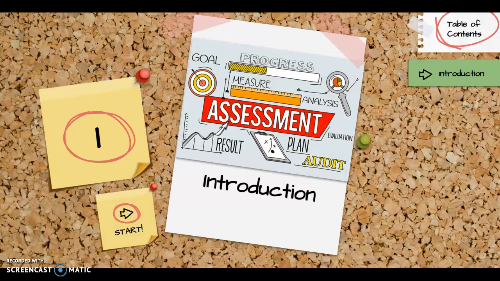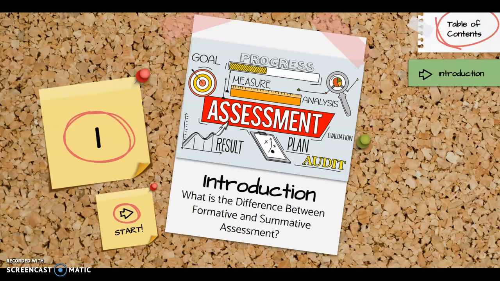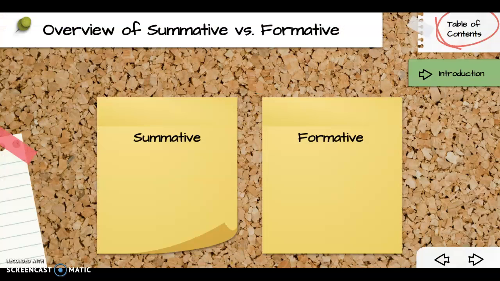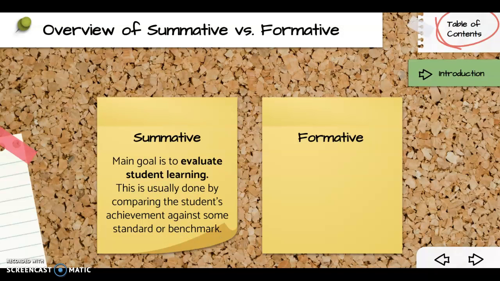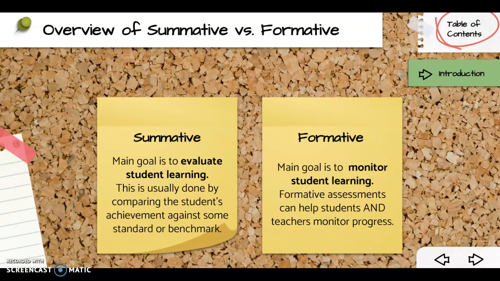First, let's just quickly review the difference between formative and summative assessment as is commonly understood in education today. The main goal of summative assessment is to evaluate student learning, whereas the main goal of formative assessment is to monitor student learning for purposes of improving teaching and learning in the future.